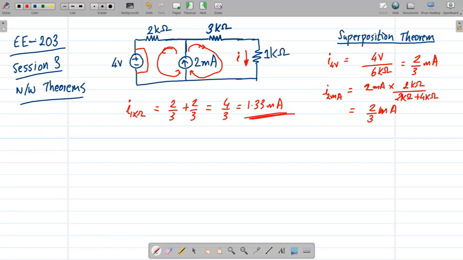Now this is a case where we had a 1 kilo ohm resistor. Let's say that this resistor is not a fixed resistor, but a variable resistor. So if I were to replace this by a variable resistor which has this line symbol, and now I'm asking you for different values of resistances, find out what is the current flowing through it.